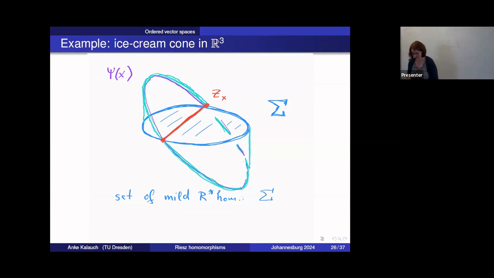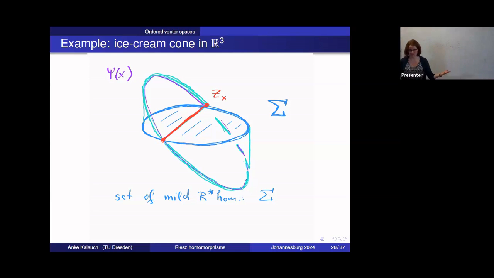And I claimed that all these notions are different. So I should show you an example where you see that all these notions are different. Yeah? Here these are a bit extreme examples. But in R3, you cannot find such examples. Yeah? In R3, you have either a strictly convex sigma, then you have the one case where sigma are all mild Riesz homomorphisms and sigma coincides, or not.